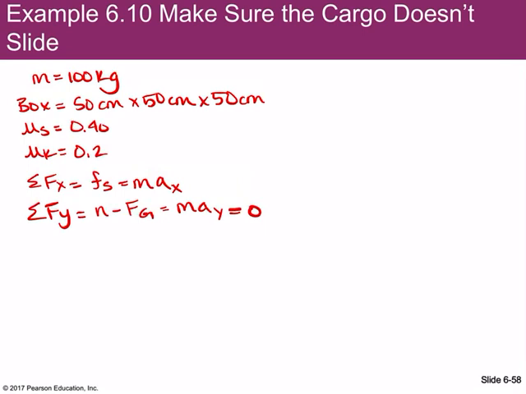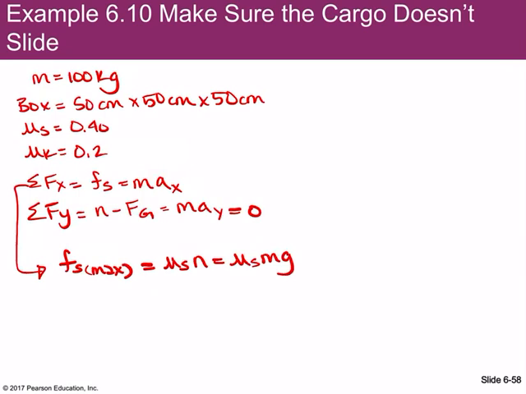All right, so now we need to plug in some stuff for our static friction. Our max static friction is equal to our coefficient times normal, which is mass times gravity.